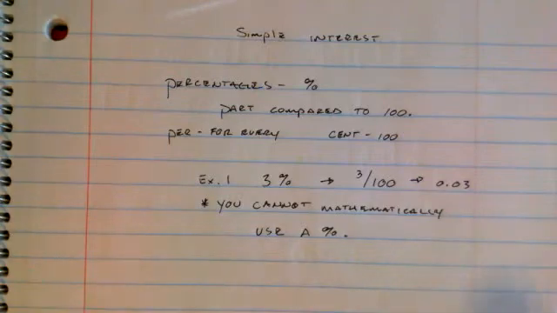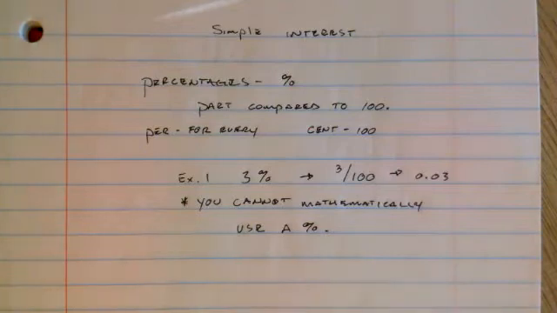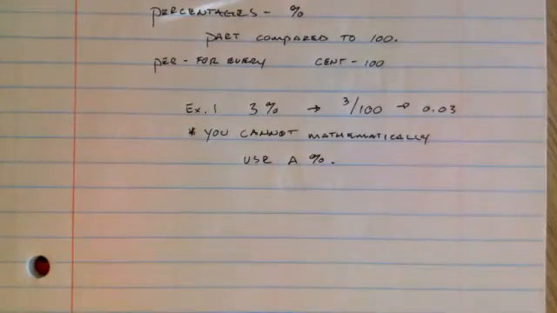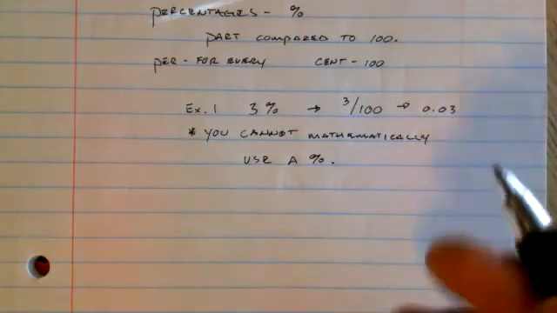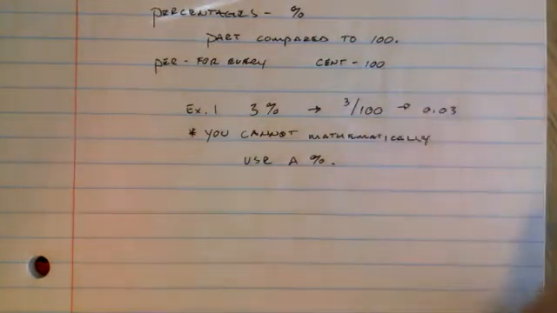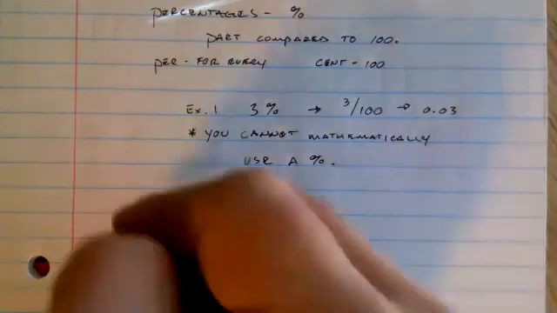Now, if we were in 6th grade, I would teach you a little trick to remember how to switch a percentage to a decimal or a decimal into a percentage. And it's very simple, okay? Because everything is per 100, it makes the conversion really easy, okay?